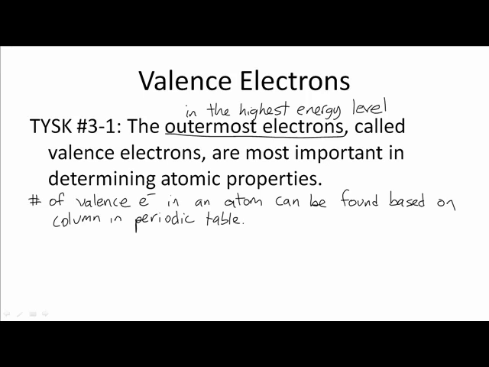So you want to be able to do that. For instance, nitrogen is in column 15, group 15 in the periodic table. It has 5 valence electrons.